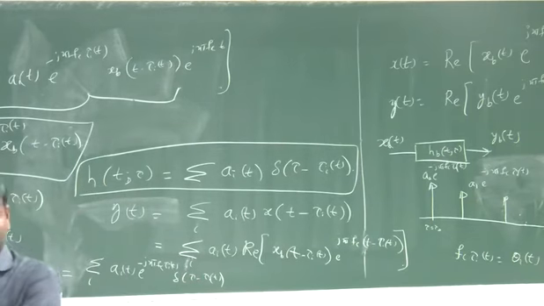Send an impulse at the transmitter, let us say, and you receive the first copy of that impulse attenuated by, let's say, A0, and after some time tau 1, the second copy comes with a different attenuation. After some other time, some other copy. You don't know what these tap time delays are.